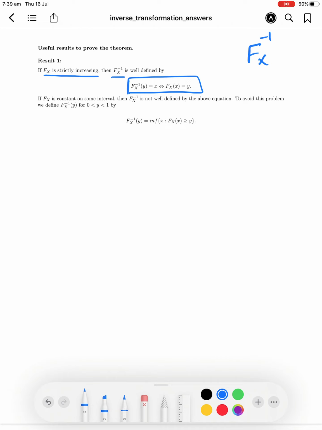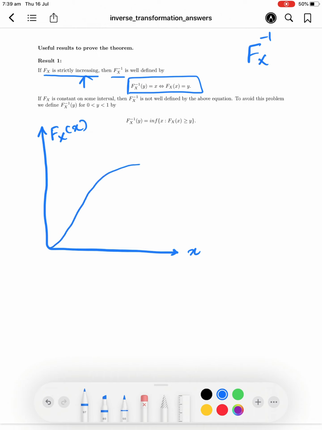This is the visual demonstration. Here we have x. This is the CDF. Here we are referring to a strictly increasing function, so it looks like this. Maximum is 1 because this is a CDF. Minimum is 0.